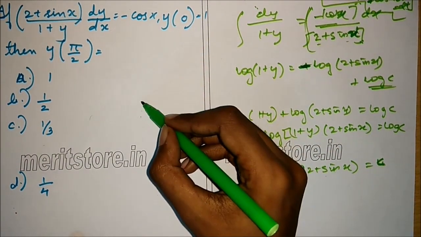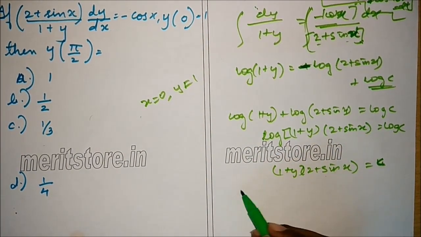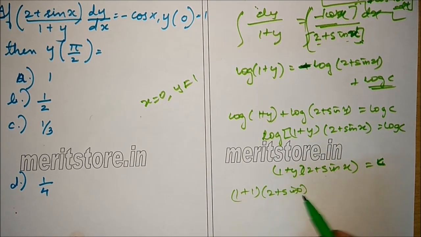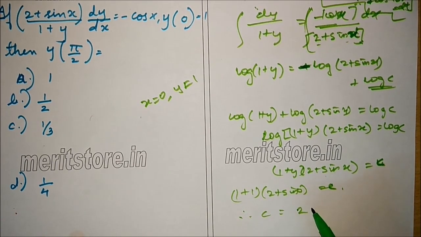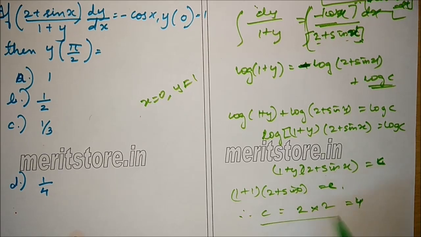So what is given is, when x is 0, y is 1. So we put x equals 0 and y is 1. This will be 1 plus 1 into 2 plus sin 0 is equal to c. So c will be 2 into 2, which is 4. So c is 4.